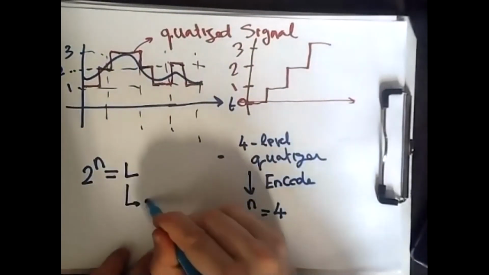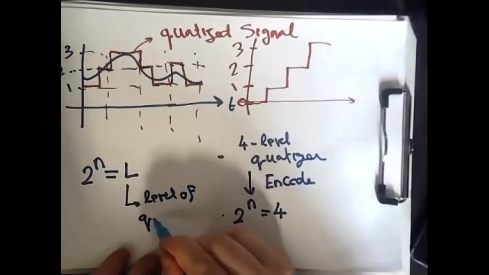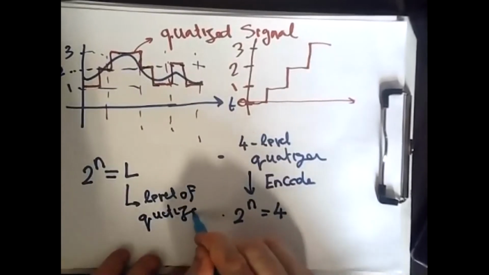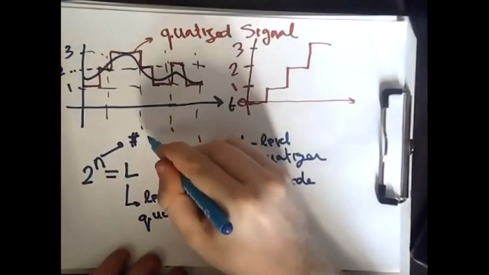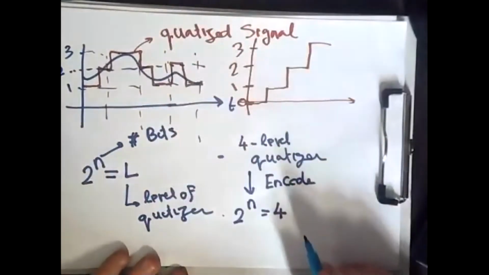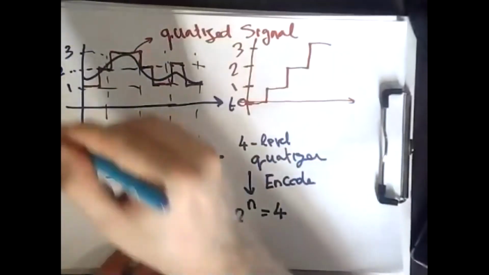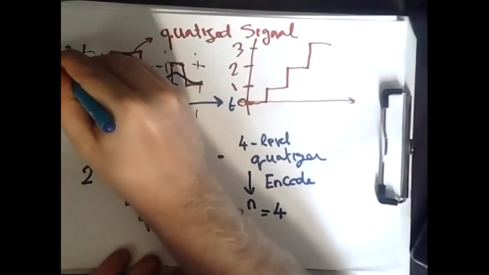This is the level of the quantizer, and n is the number of bits. So, for example, here I need just 2 bits: 00, 01, 10, and 11.